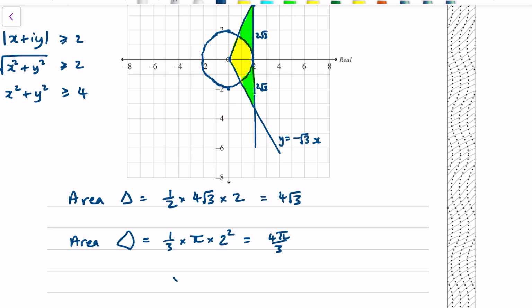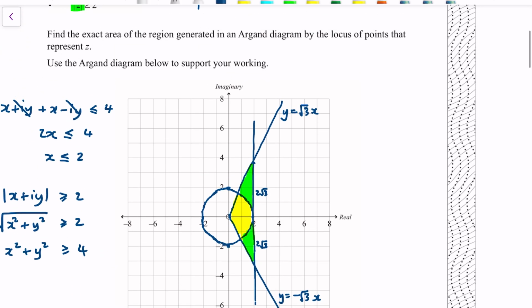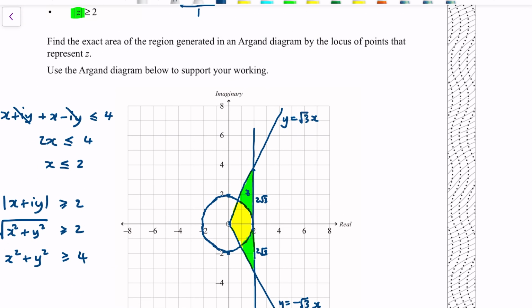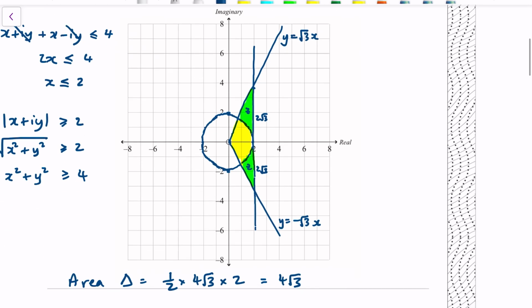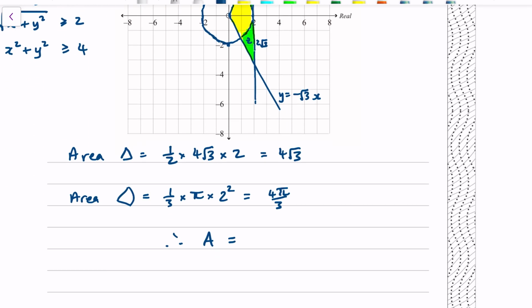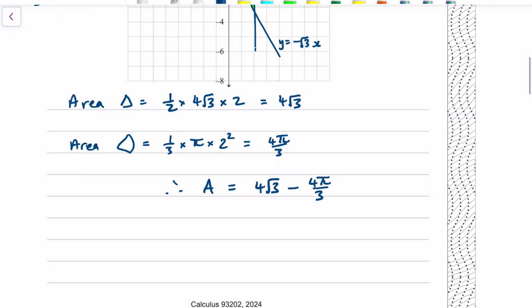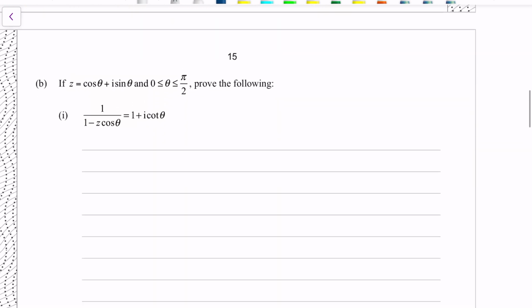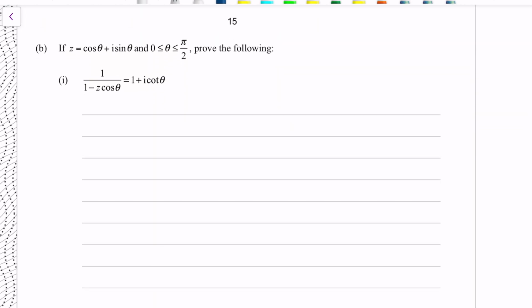So therefore the area of the locus which satisfies the 3 conditions, in other words z can be anywhere in here or anywhere in there, the area of that region is the triangle, 4 root 3, minus the sector, 4 pi over 3.